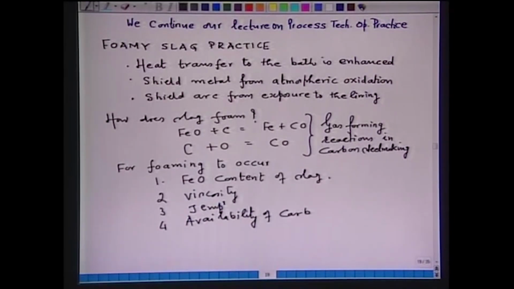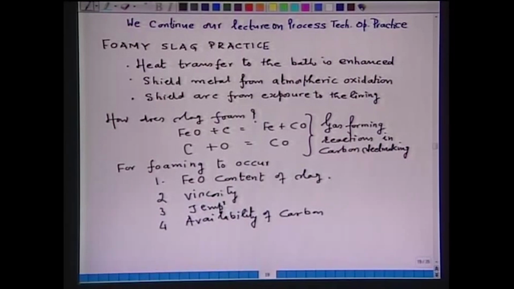Now, why have I written this thing? Imagine, for example, 100% scrap melting practice. Hardly there is carbon over there. So, it is not possible to form a practice which runs on 100% scrap. What to do?